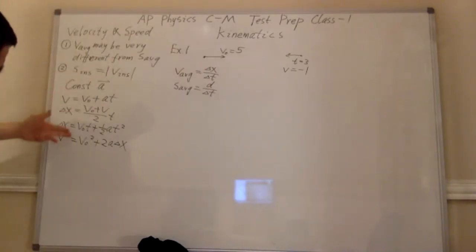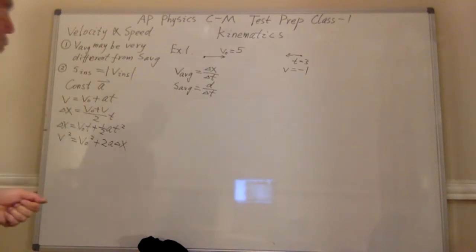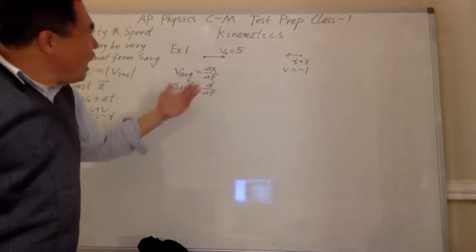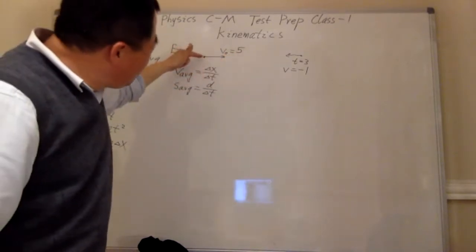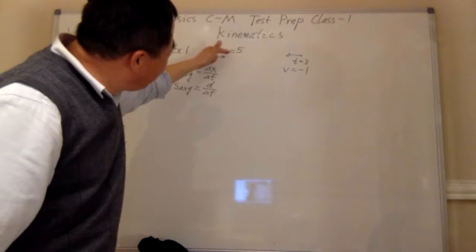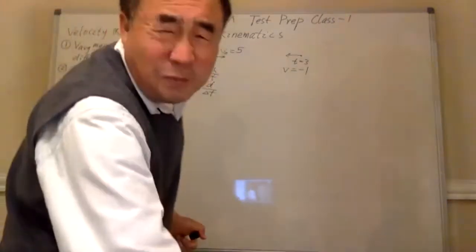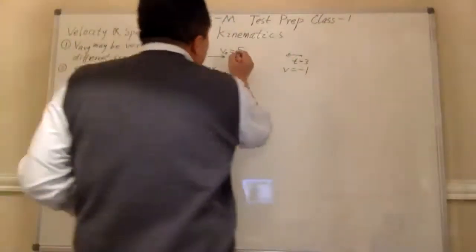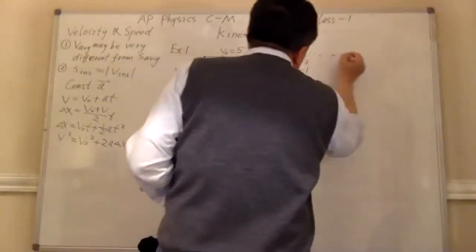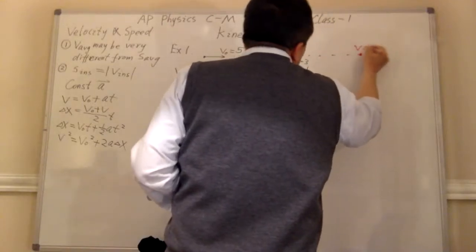Remember, in the formula, delta s is displacement. Each time you need to remember, if the object is moving, starting from positive and ending with negative, that means somewhere, somehow, it must turn around. Somewhere it makes velocity equal to 0.